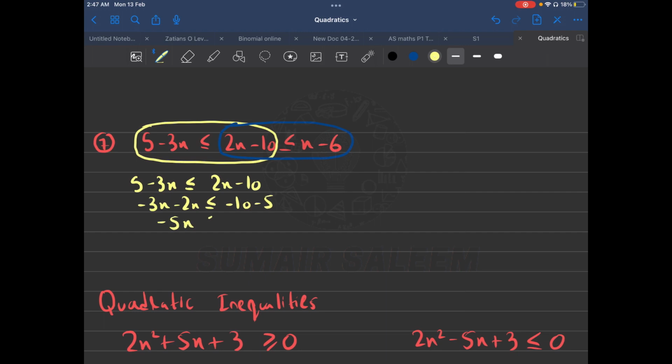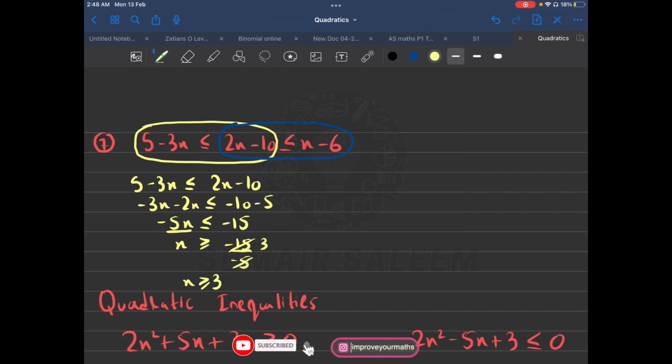That makes minus 5x less than equal to minus 15. Now, is there a negative number? Bilkul. So the sign will be flipped. Minus 15 upon minus 5, that's x is greater than equal to 3.